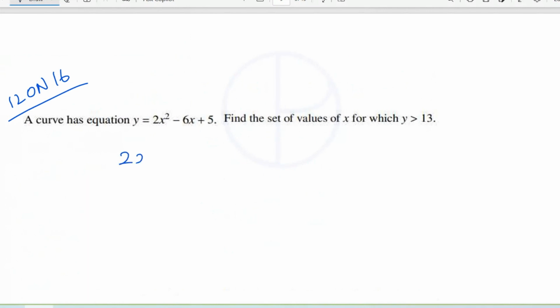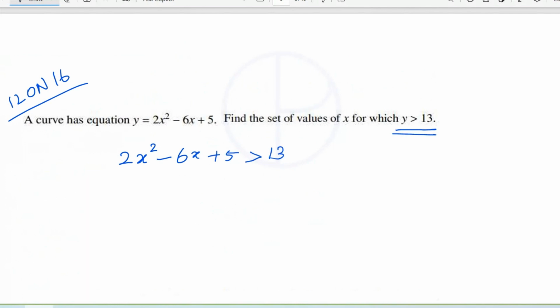So this expression, 2x squared minus 6x plus 5, is greater than 13.